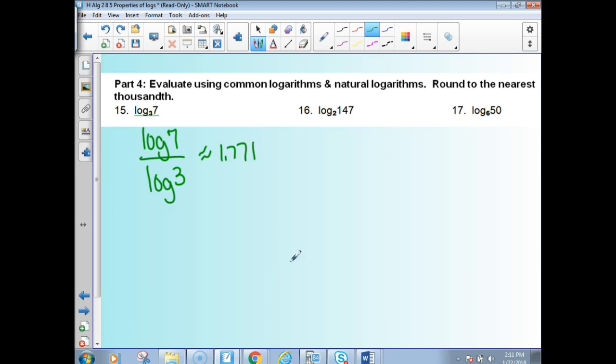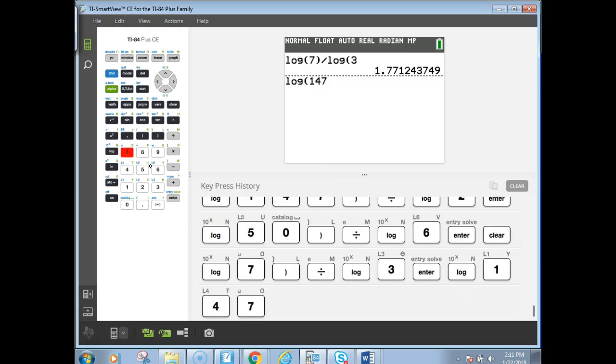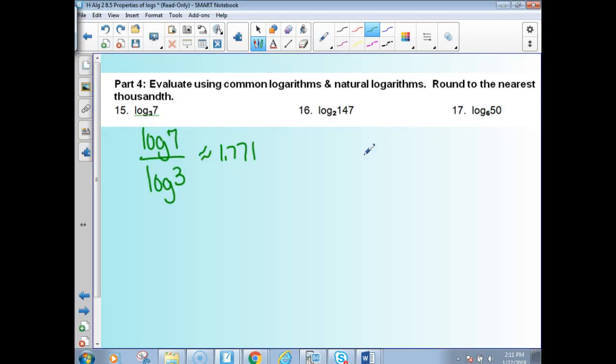So next one I'm going to do log of 147, parenthesis closed, divided by log of 2. 7.1996, we'll round to 7.2, so 7.20 with two zeros to show you went to the thousandths place.